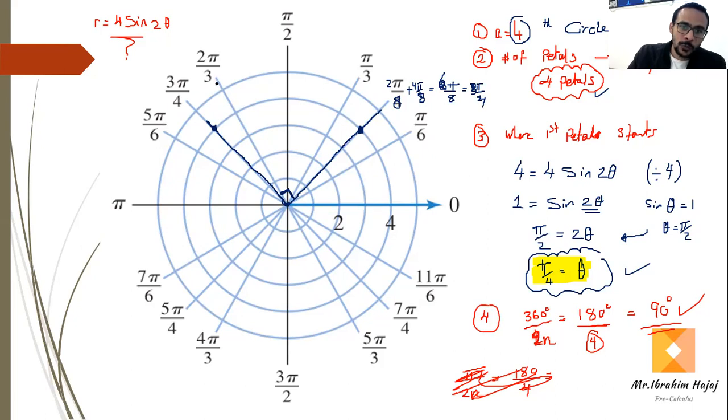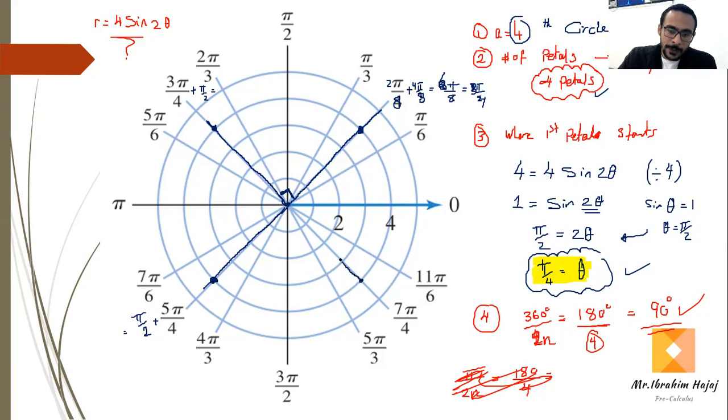That means adding pi over 2. Adding 90 degrees or pi over 2 to 3 pi over 4 equals 5 pi over 4. 5 pi over 4 is here. Stop at the point on the fourth circle, and adding 90 degrees more to 5 pi over 4 gives 7 pi over 4.